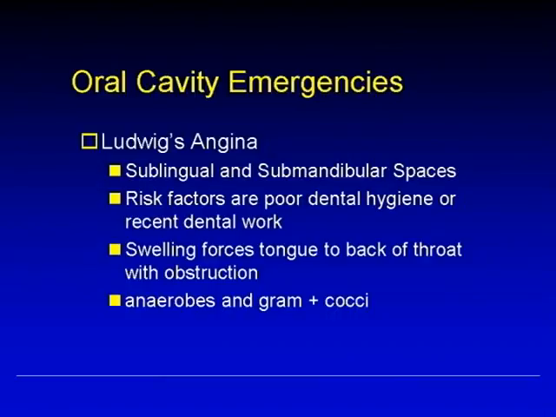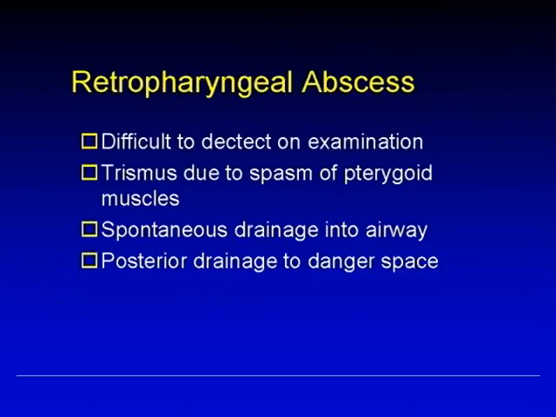The organisms are what's found in the mouth, so it's a mixture. Gram-positives and anaerobes are typically present. As you think of patients with Ludwig's angina, there isn't that much to drain. So this is not usually a pussy disease. This is an edematous swelling illness, but not very pussy. The main thing for Ludwig's angina is to first make the diagnosis, then control the airway, and make sure that the person is safe as far as breathing, and then initiate antibiotics directed against that oral flora.